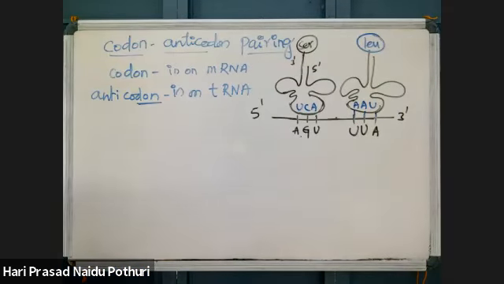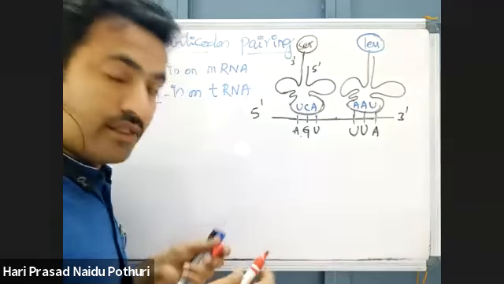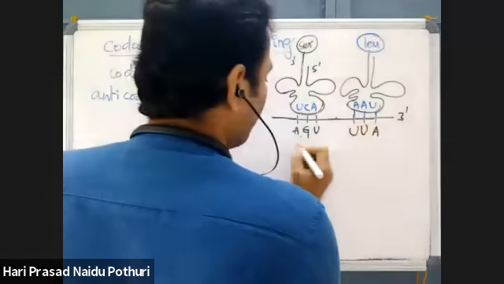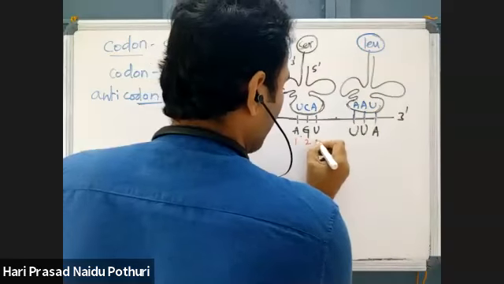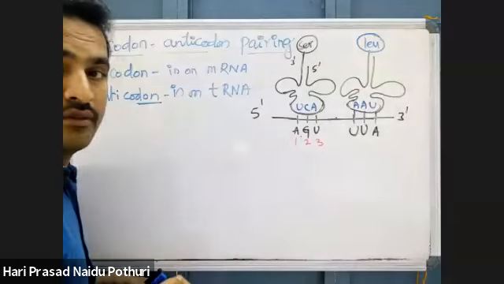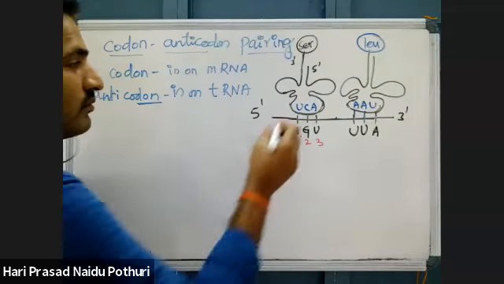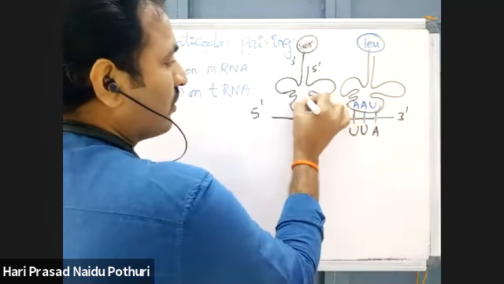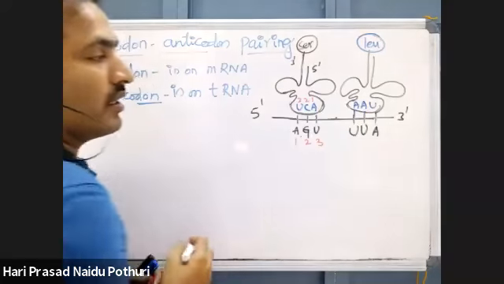In the previous class I told you the sequence of nucleotides in a codon will be in 5 prime to 3 prime direction, so it is 1, 2, 3 sequence. The sequence of nucleotides on the anticodon of tRNA is in reverse.